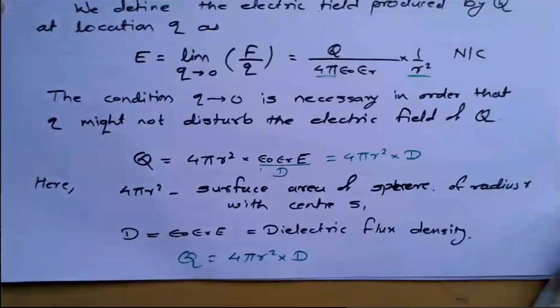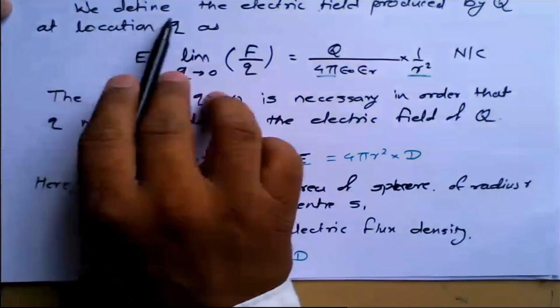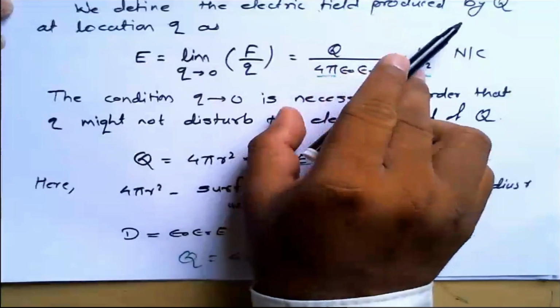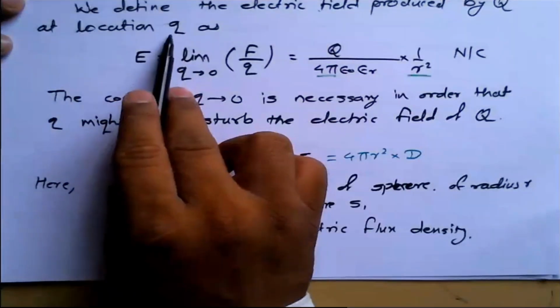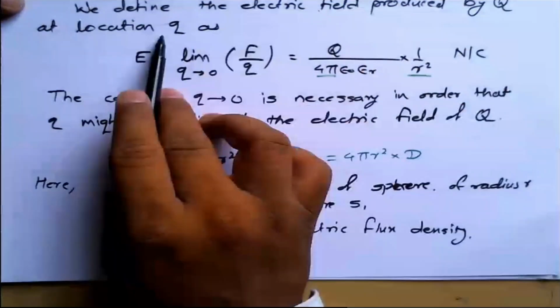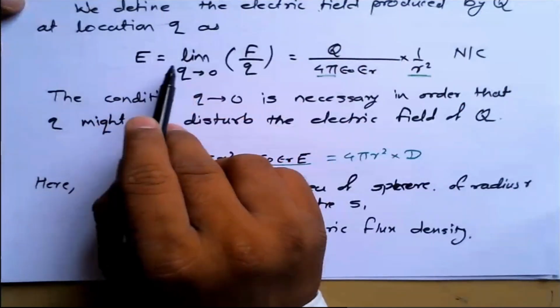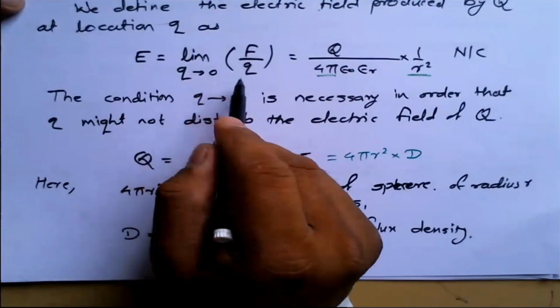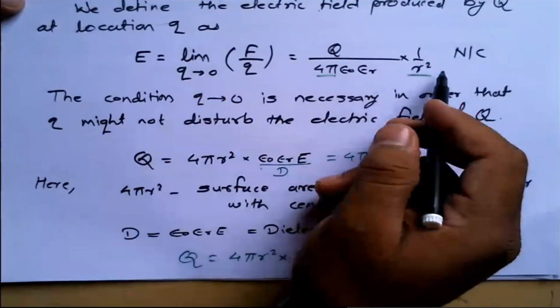Now, as small q is very small, we define the electric field produced by capital Q at the location of small q. We don't want to disturb the field of positive Q due to the charge of small q. So E will be the limit q tends to 0 of F upon q, which is Q upon 4 pi epsilon 0 epsilon r into 1 upon r square.